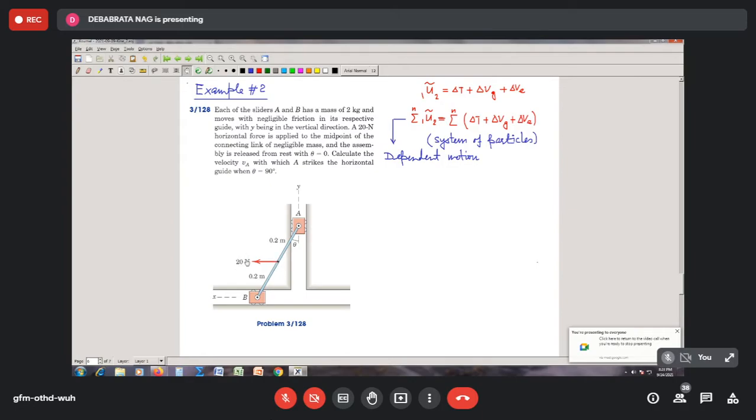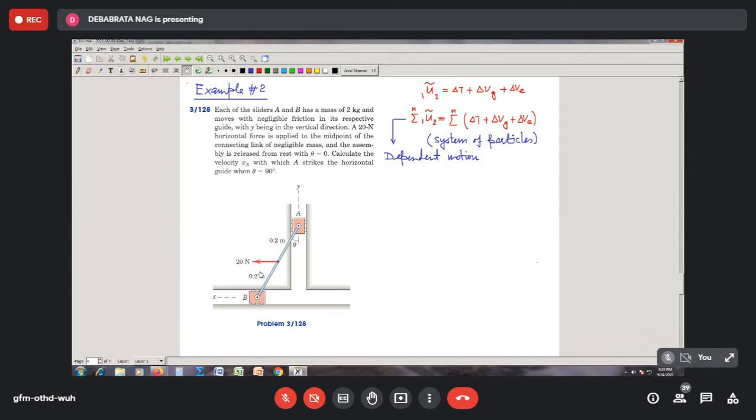This horizontal force of 20 Newton magnitude is acting there. The connecting link is of negligible mass, so this rod is otherwise massless.